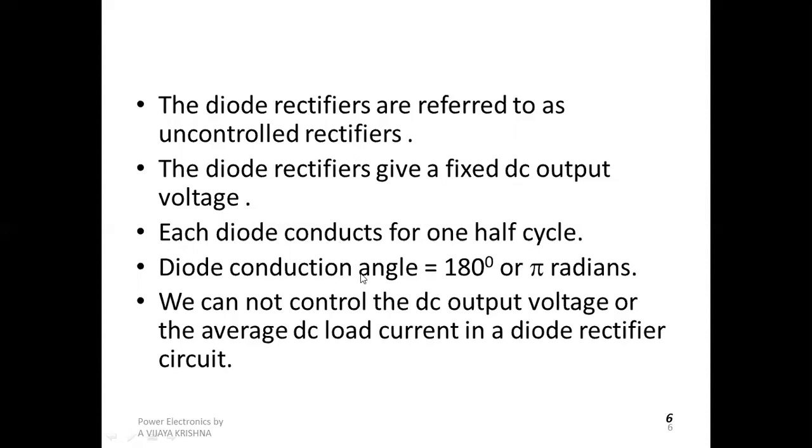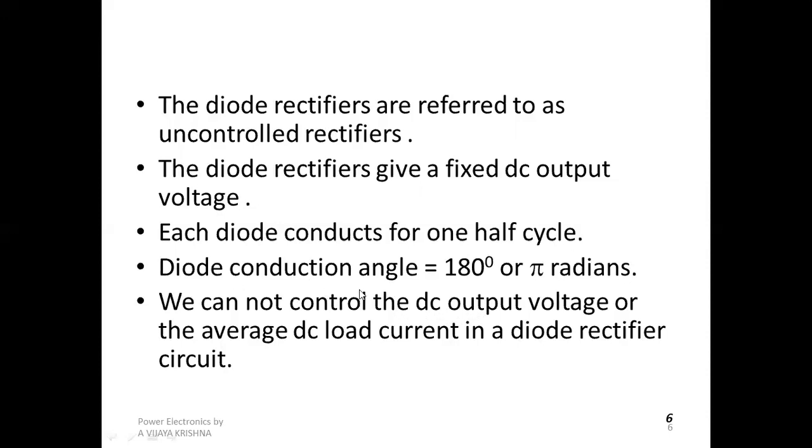The next one, diode conduction angle is 180 degrees or pi radians. Conduction angle of 180 degrees means that in a sinusoidal waveform starting from 0 degrees and stopping at 180 degrees, that is one positive half cycle, either positive or negative, the duration is 180 degrees.